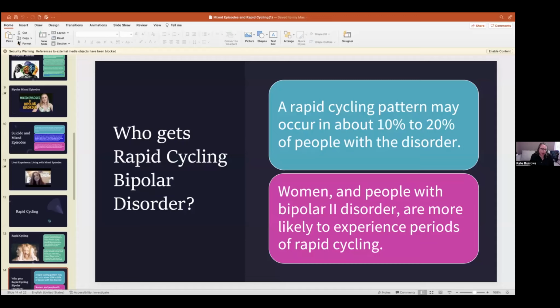I found some contradictory information in the literature, and that's why I wanted to present both of these facts to you. The first fact is that hypomanic episodes do not count as part of rapid cycling. But the second point of view is that people with bipolar 2 disorder, who have hypomanic episodes but not manic episodes, are more likely to experience periods of rapid cycling.